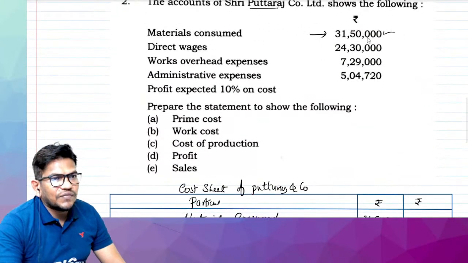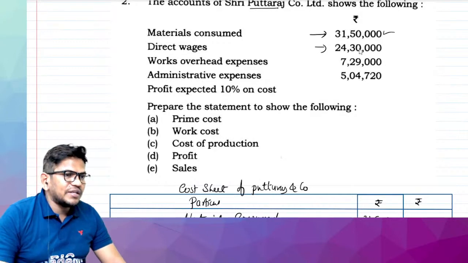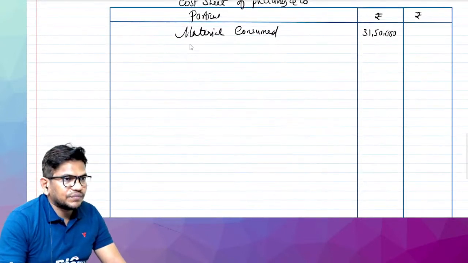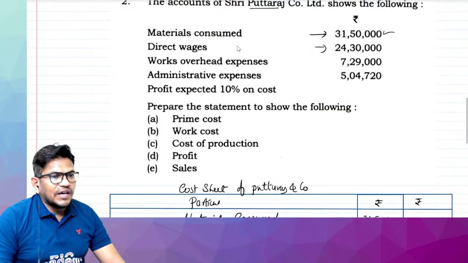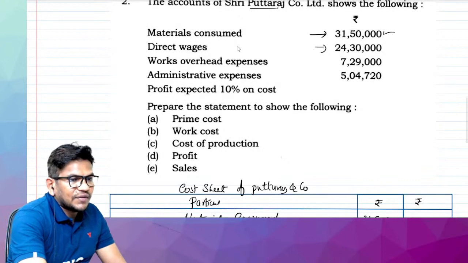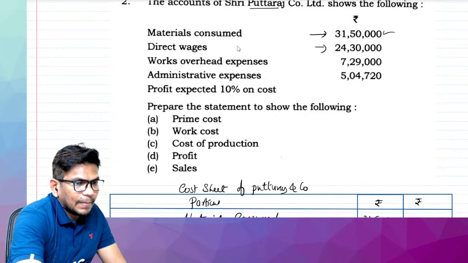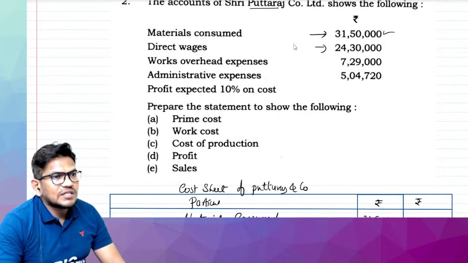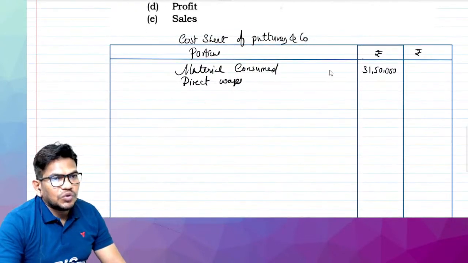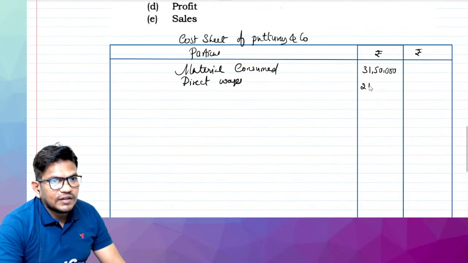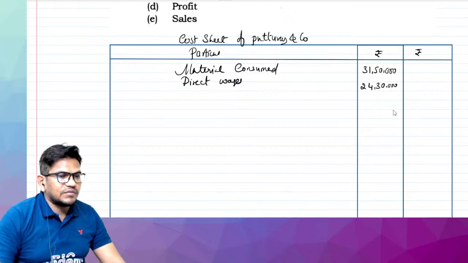Next, direct wages. We should add this, right? How much direct wages do we have? Direct wages 24,30,000.